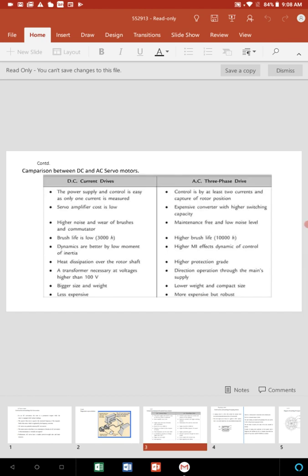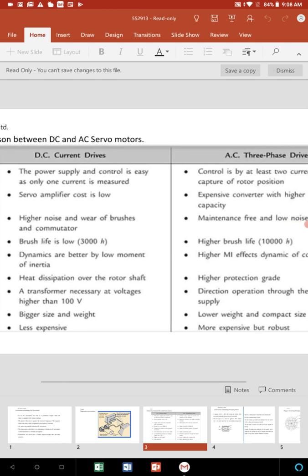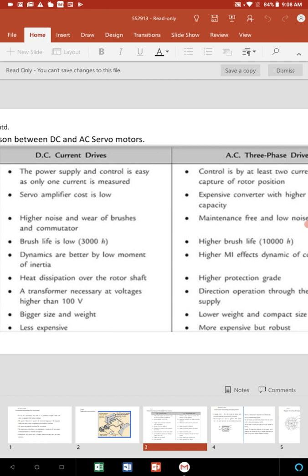Here you can see some comparison regarding DC servo and AC servo. In the case of DC, for the power supply and control, only one current is measured, and it is easy.